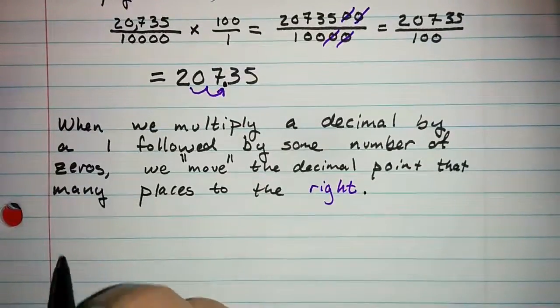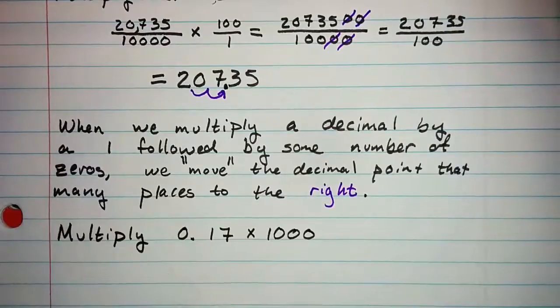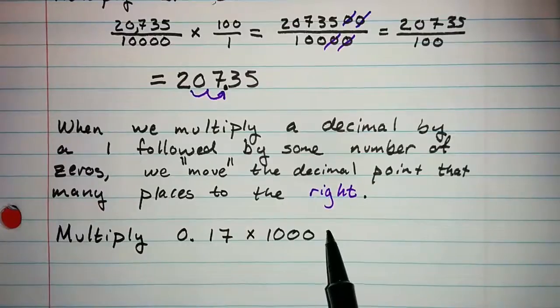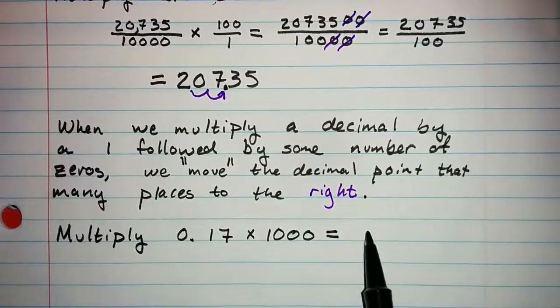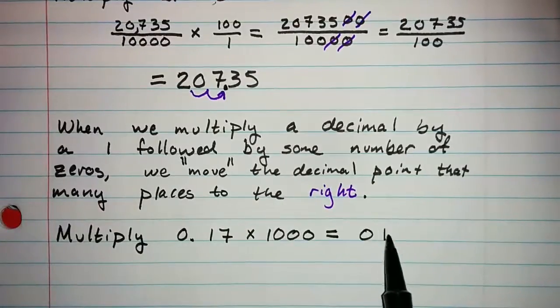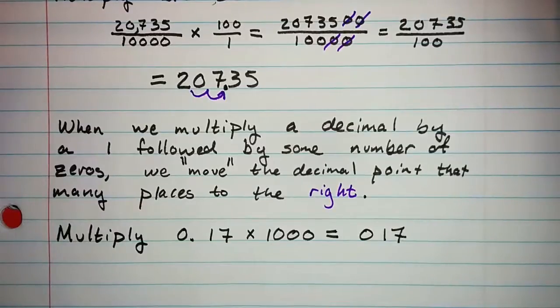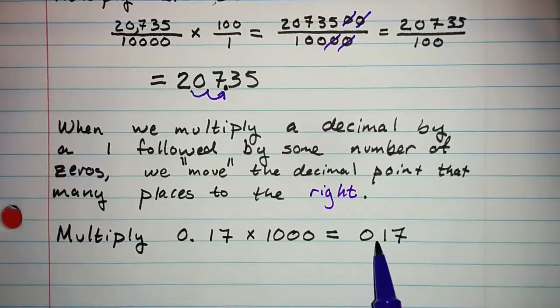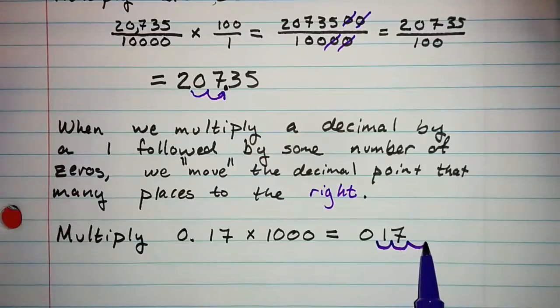So I'm going to show you another example. Suppose we want to multiply 0.17 times 1,000. Our answer will have the digits, well, 0, 1, 7. But we'd like the decimal point to be 1, 2, 3 places further to the right than it was here. In 0.17, the decimal point is between the 0 and the 1. 1, 2, 3 places further to the right.